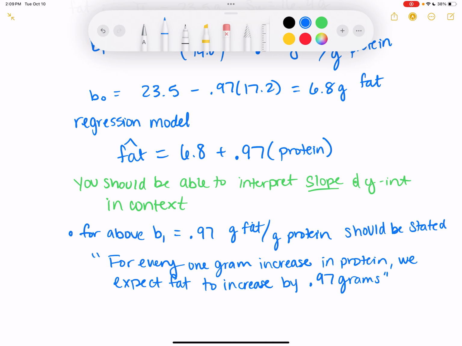So 0.97 is the slope. Every gram of protein increases fat by 0.97.